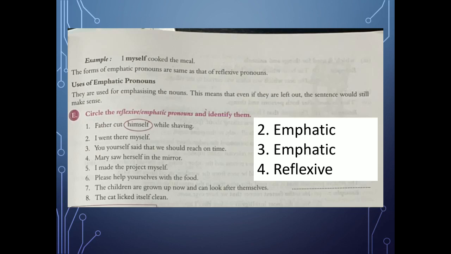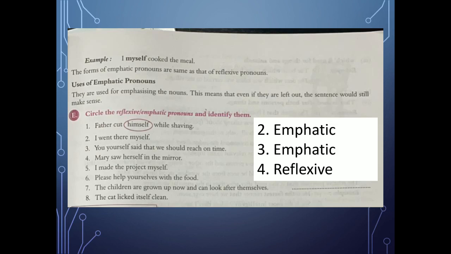E. Circle the reflexive or emphatic pronouns and identify them. Father cut himself while shaving. Here the word himself is referring to the subject, so it is a reflexive pronoun. Next, I went there myself.